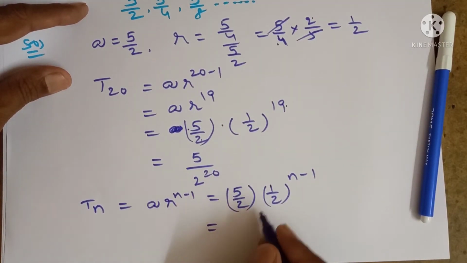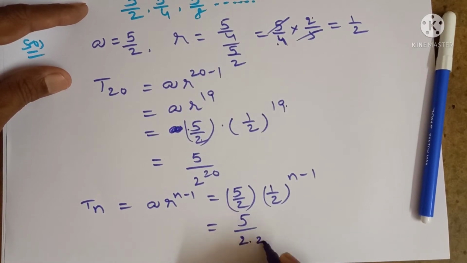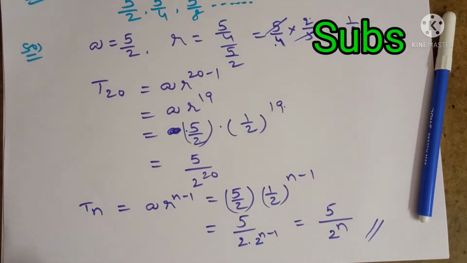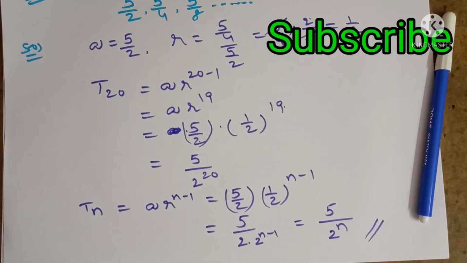This is equal to 5 by 2 into 2 power n minus 1. Bases are equal, add the powers: 1 plus n minus 1, 1 cancels, so 2 power n. This is the final answer.